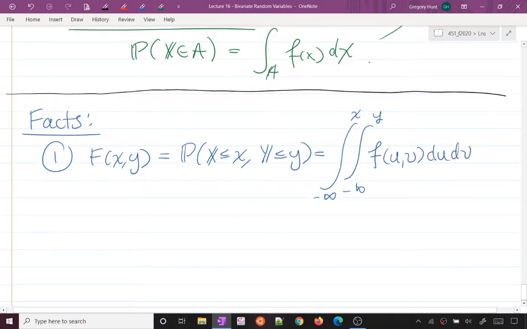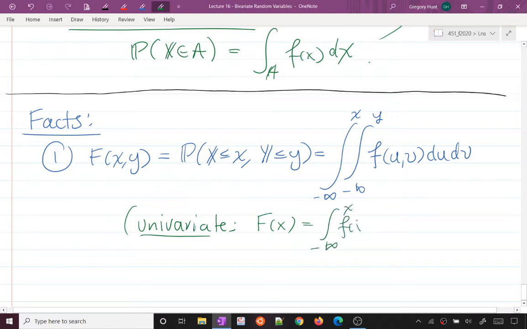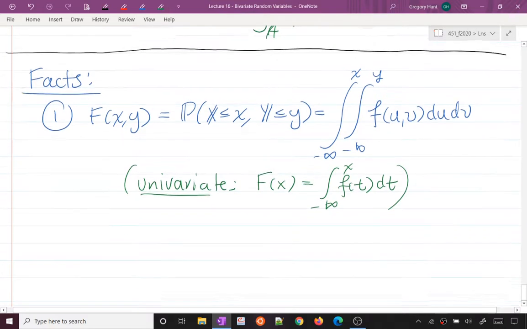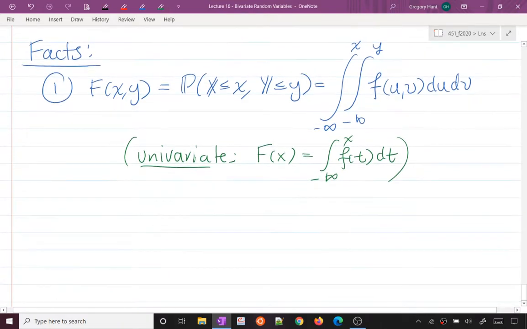Dummy variables u and v don't matter. This is analogous to the univariate case, where the univariate CDF was the integral from negative infinity to x of, I used t in that case, the univariate PDF. Now we have bivariate things, so double integrals, right?